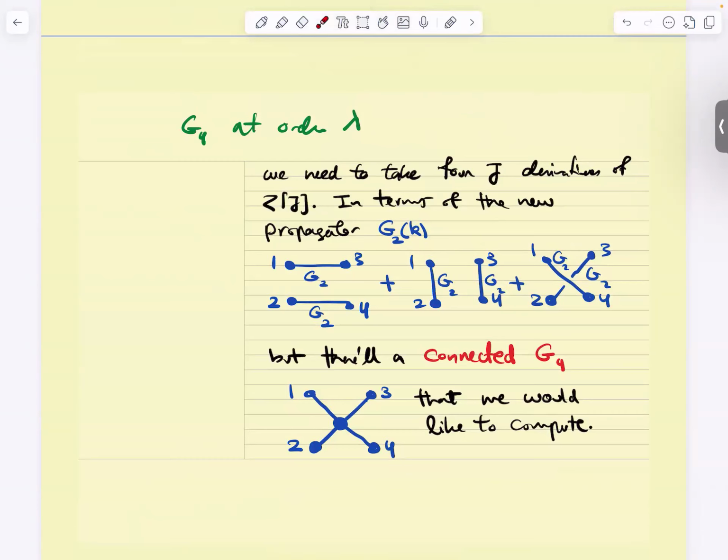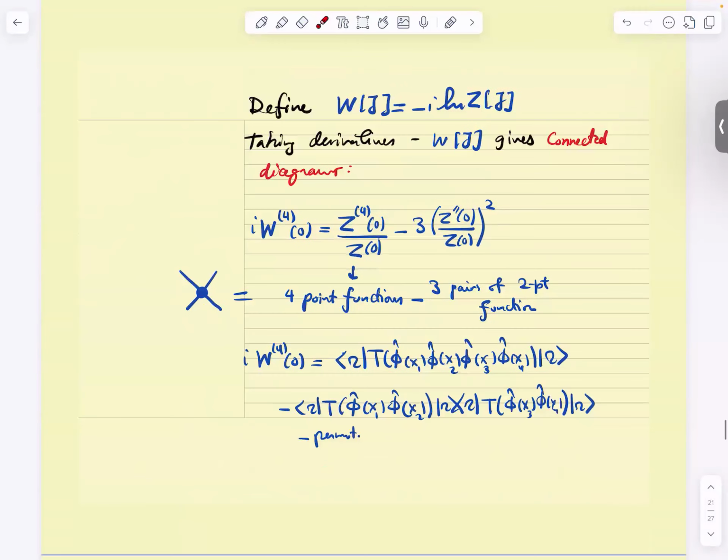And you know what the answer is. But fine. What is this? Minus i lambda. But let's just do the calculation. The 4-point function for the free theory was this. So the connected piece of it is going to be this, and that's what we're going to calculate. Because we want to calculate the connected piece, I'm telling you in advance, start with minus i ln of Z, because this is the generating functional for the connected piece.